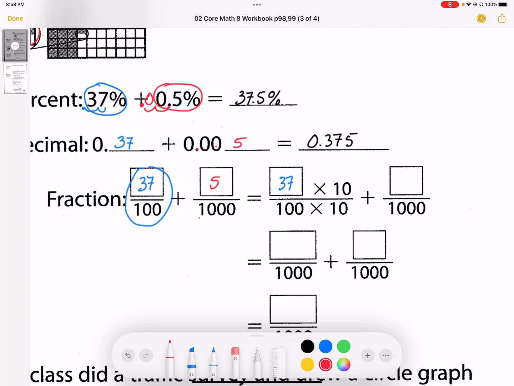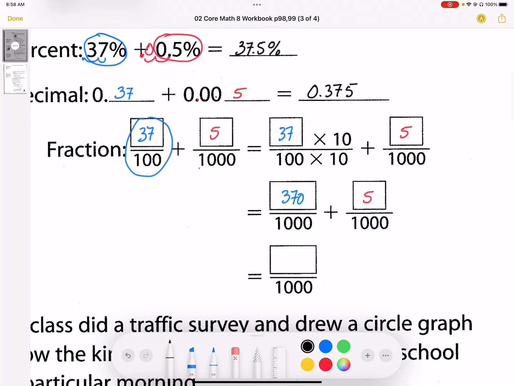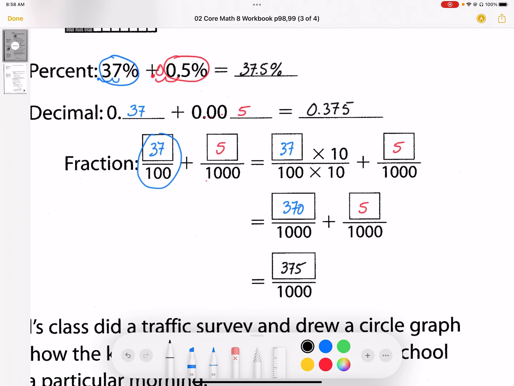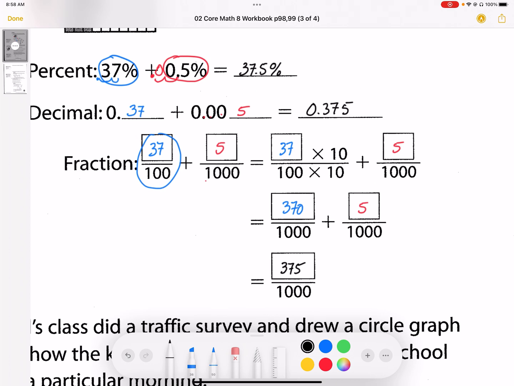That should have been 5 out of 1,000. So 37 over 100 times 10 becomes 370 over 1,000 plus 5 over 1,000. Notice I'm working vertically. And when we add those together, we get 375 out of 1,000.